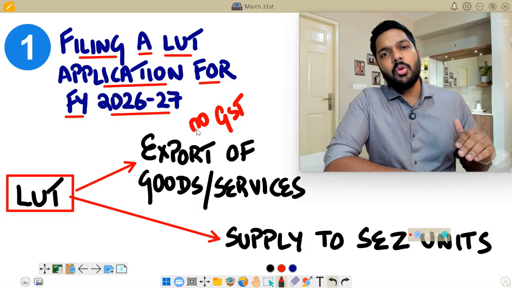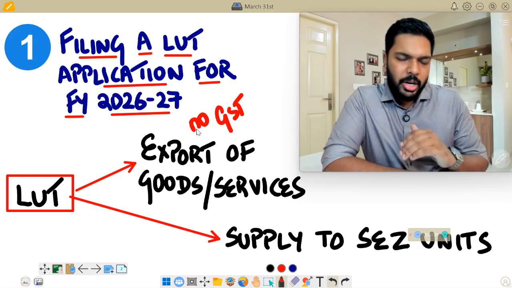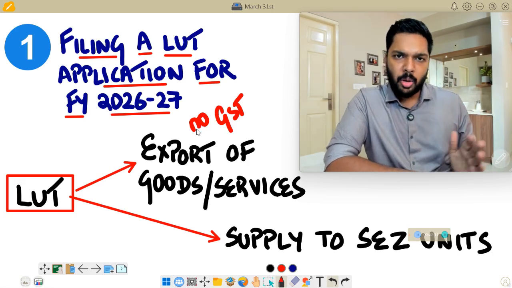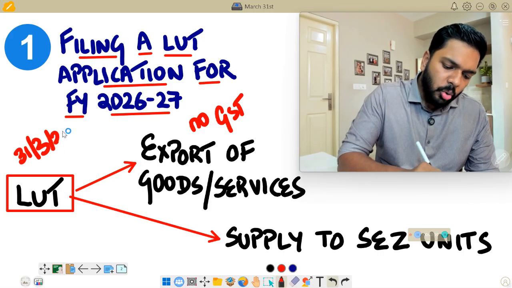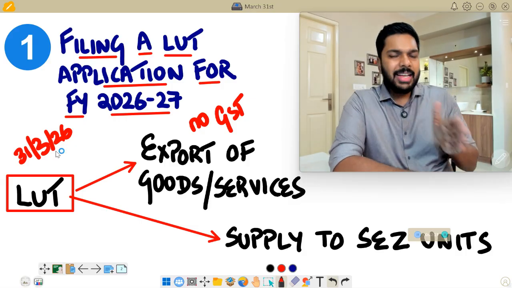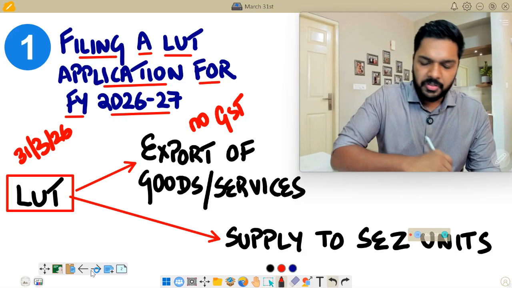There's no requirement for you to charge GST on the invoice. And for you to do this, you need to file an LUT before you make the first export or the first supply to a special economic zone unit. So file an LUT before 31st March 2026 so that you have the privilege of raising invoices without GST from 1st April 2026 onwards. This is the first major checkpoint.